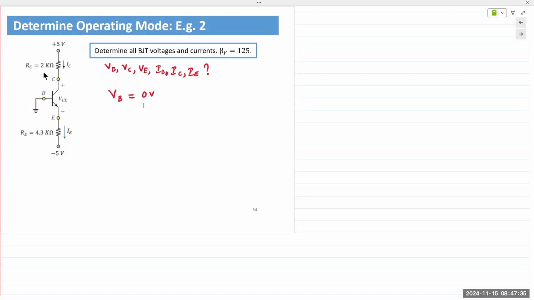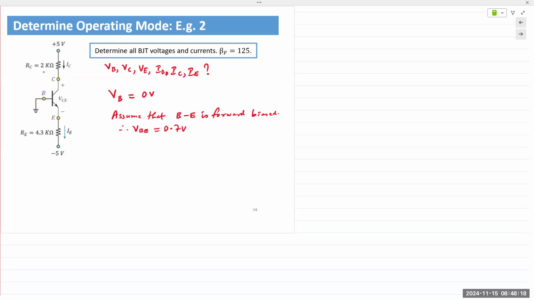And so my inclination is to assume that the base emitter junction is forward bias. And if it's forward bias, then VBE is 0.7 volts. We'll just assume the standard 0.7 volts.